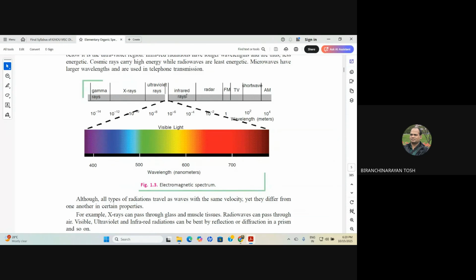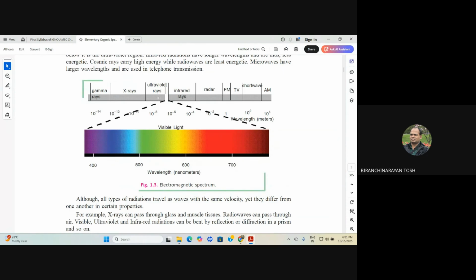Here we are supplying electromagnetic radiation to a molecule, and when this energy is absorbed, there will be an electronic transition.